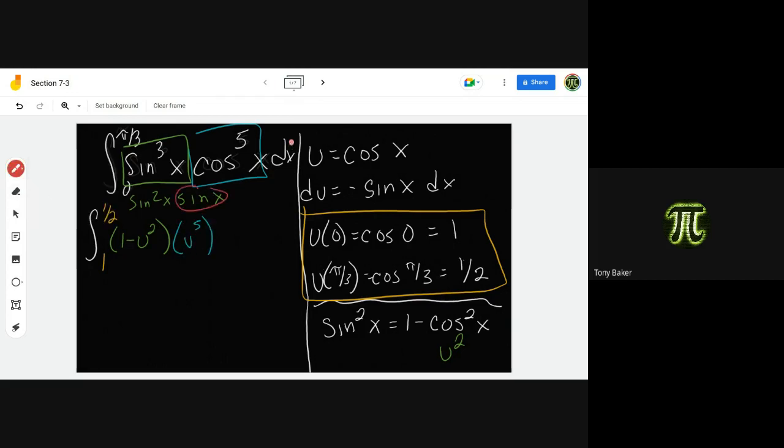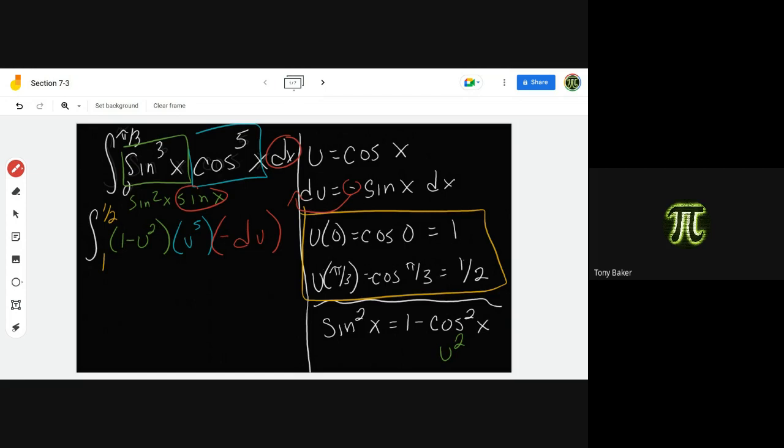And then that sine and that dx is going to be negative du, because I bring that negative sign over. Now you know why I wanted the colors. All right. Everybody see what I did there?